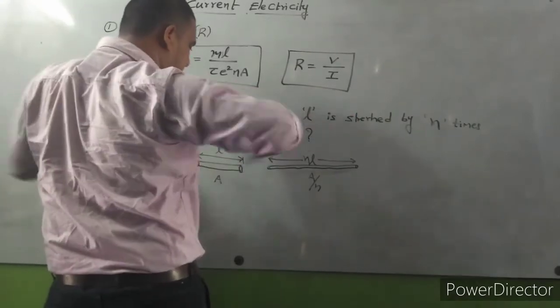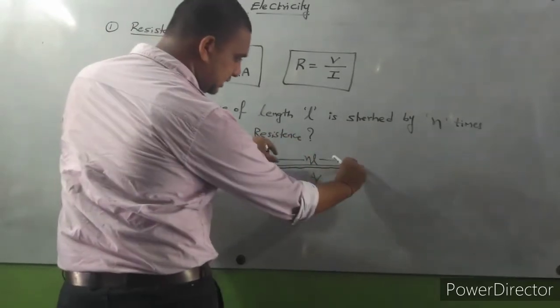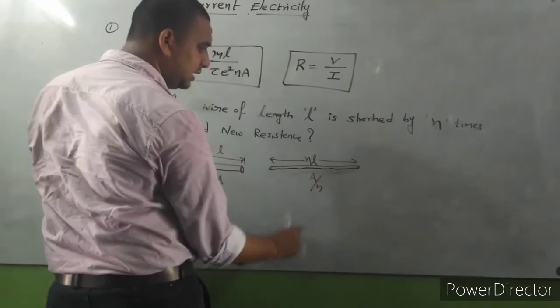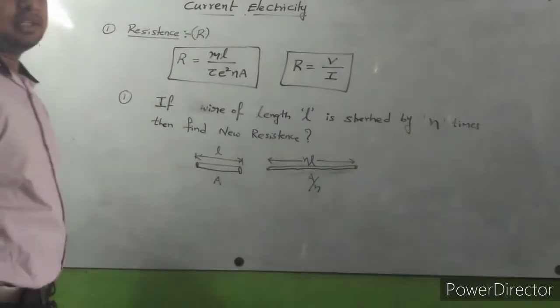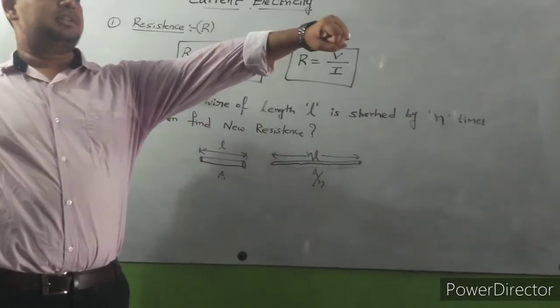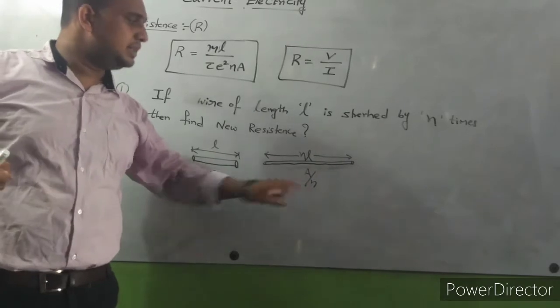If you pull this wire, the area is going to decrease. Area is decreased by n times.